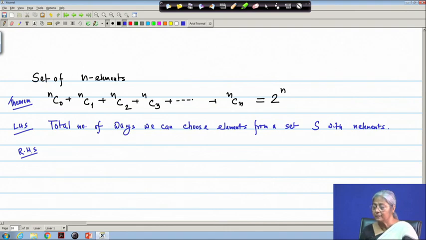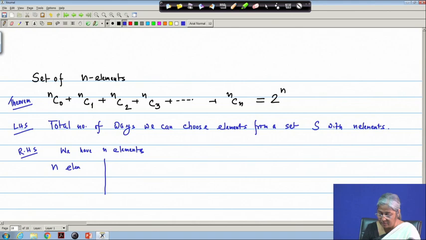In a very simple way I can think, if we have n elements, as if I am making 2 partitions. Whether these n elements will be taken in a combination or not.